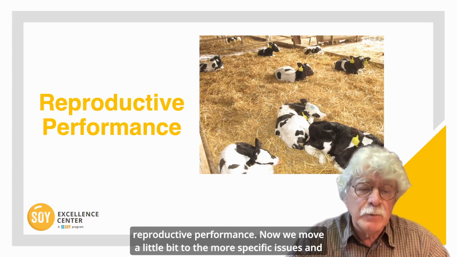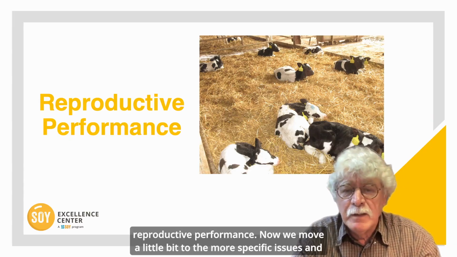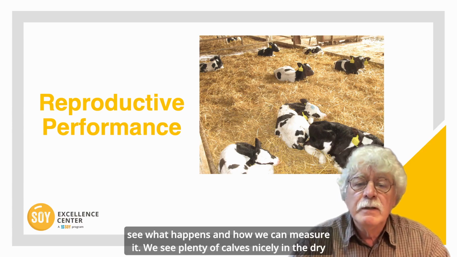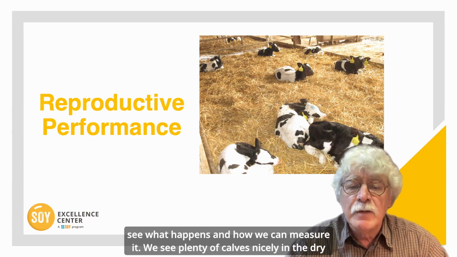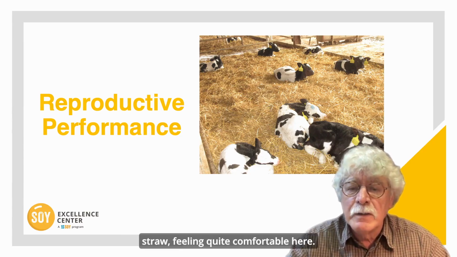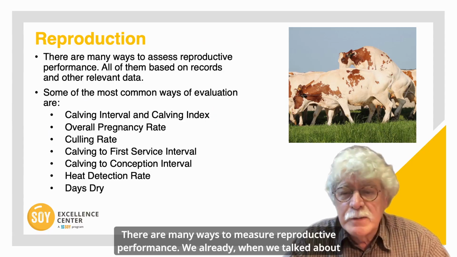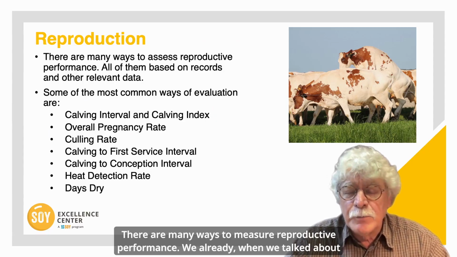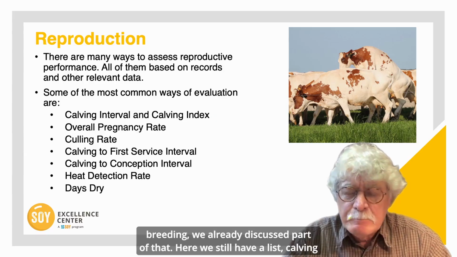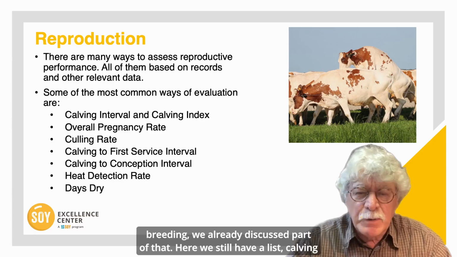Reproductive performance. Now we move a little bit to the more specific issues and see what happens and how we can measure it. We see plenty of calves nicely in the dry straw, feeling quite comfortable here. There are many ways to measure reproductive performance. When we talked about breeding, we already discussed part of that.